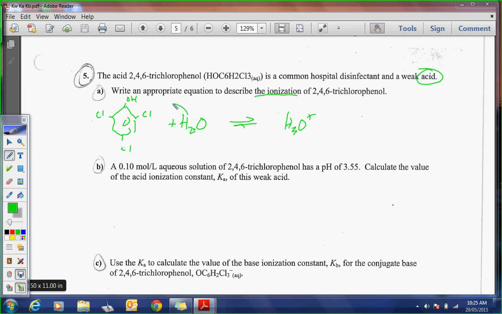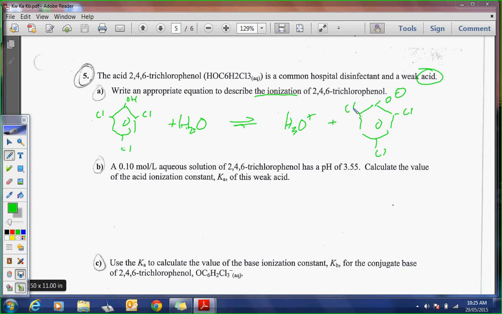But it says acid, so it must be taking a proton. Oops. Okay, and then the remaining structure is that with the O minus and still your chlorides there. Okay? So, the end. Done.